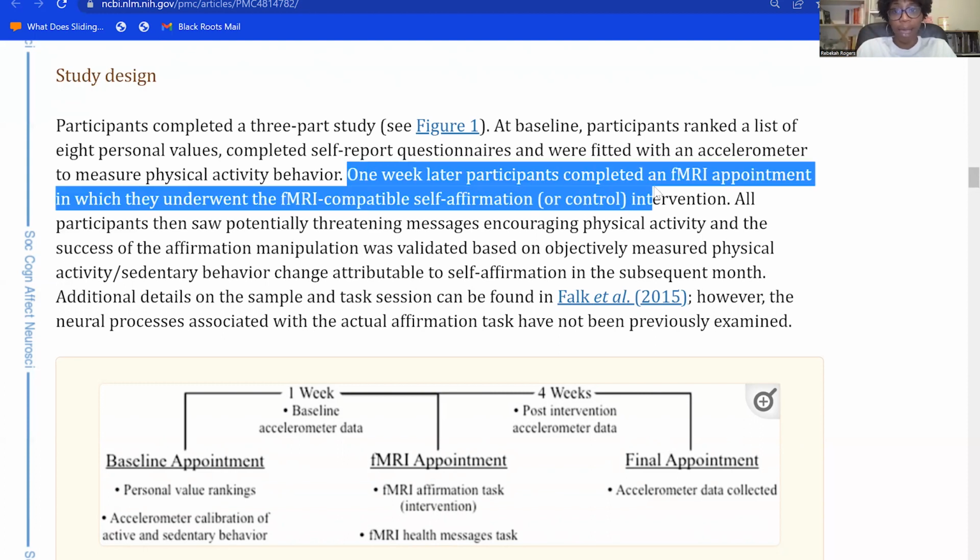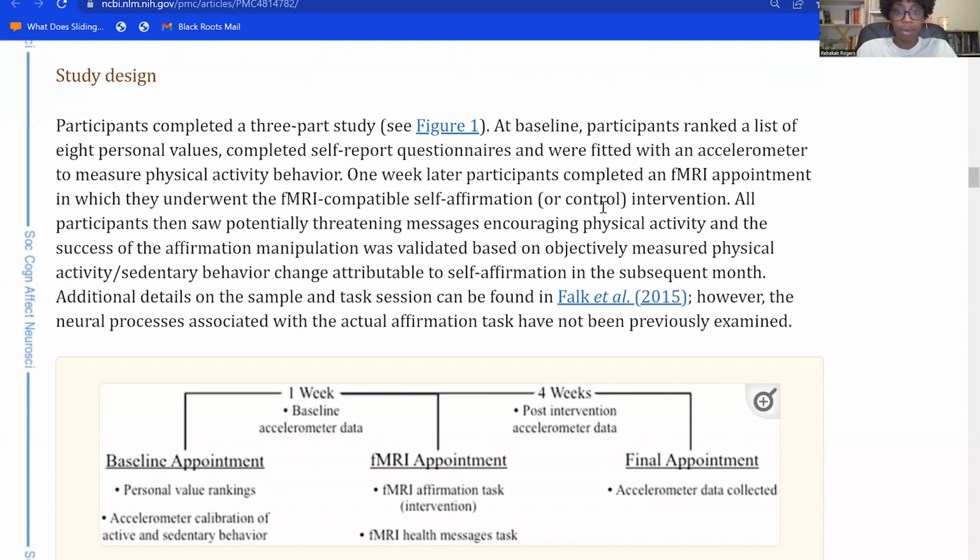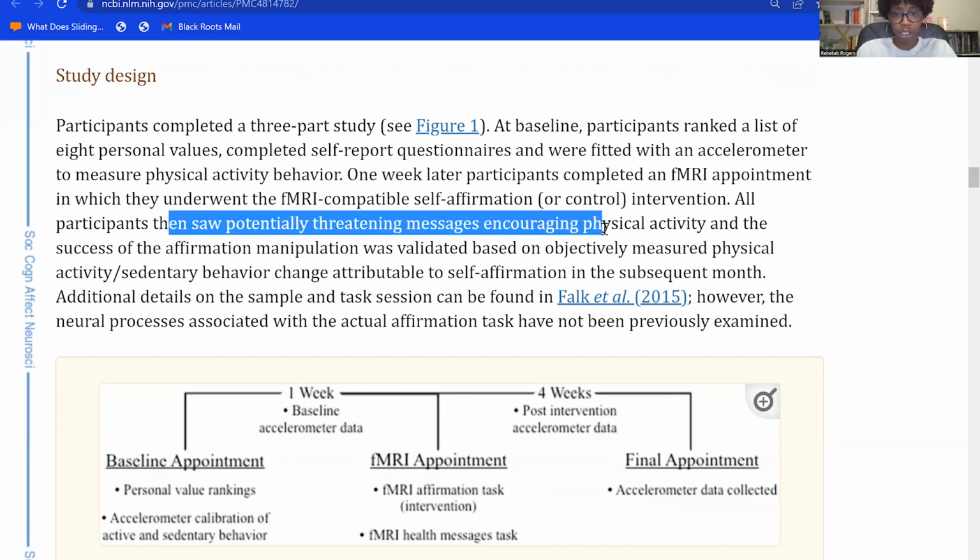And then a week passed, they got an fMRI, and they also went through the self-affirmation or the control under the fMRI. They saw potentially threatening messages that encouraged physical activity.